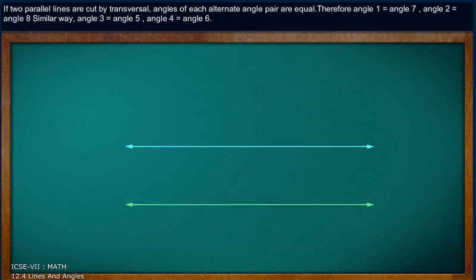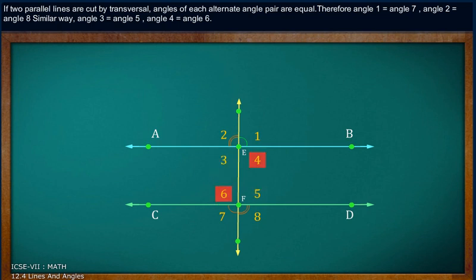If two parallel lines are cut by a transversal, angles of each alternate angle pair are equal. Therefore, angle 1 is equal to angle 7. Angle 2 is equal to angle 8. In a similar way, angle 3 is equal to angle 5 and angle 4 is equal to angle 6.